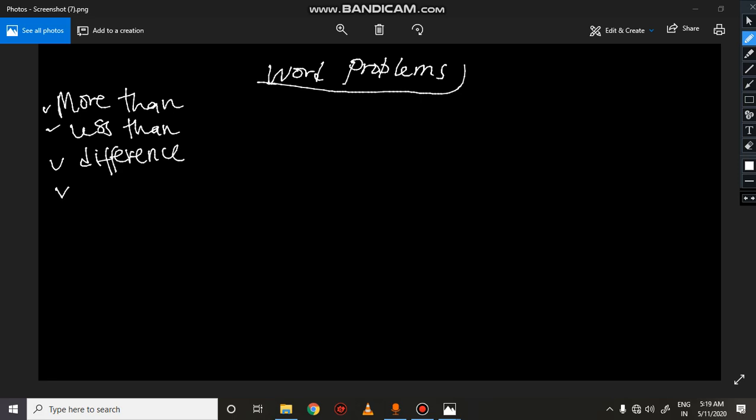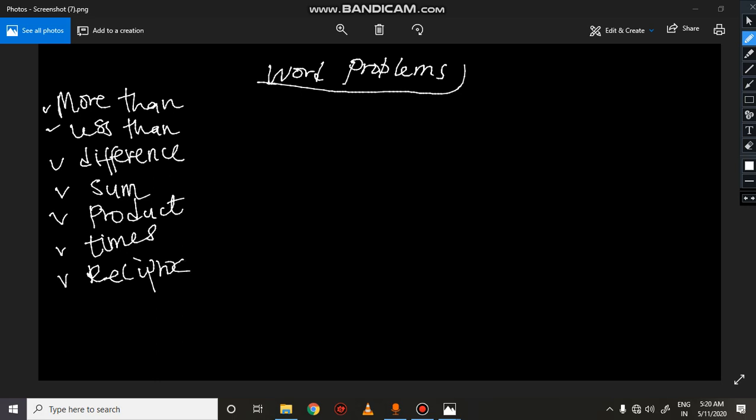Okay, and we move to sum, then product, times, and reciprocal. Okay, so these are the common words you'll be meeting in word problems when it comes to linear equations.